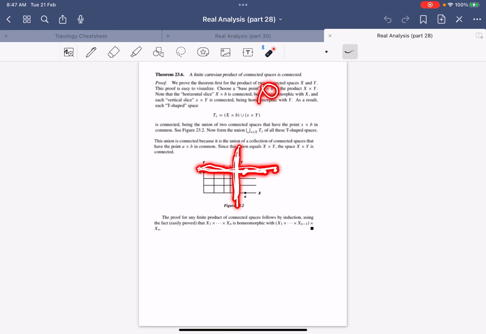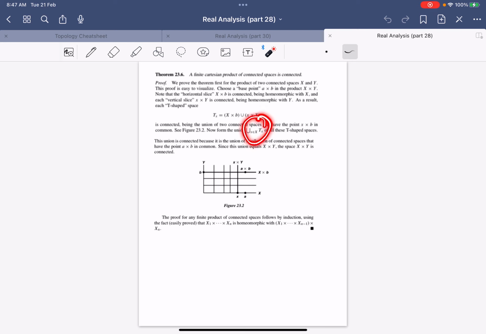Now you form the union of all these T's. So it's like that, all the way. And then they must have a point in common, namely A cross B, because that's where our starting point, our base point, is. And so this union is connected.